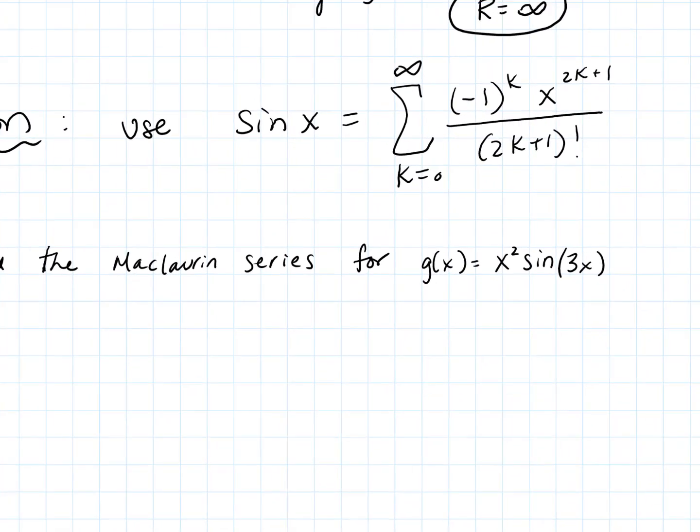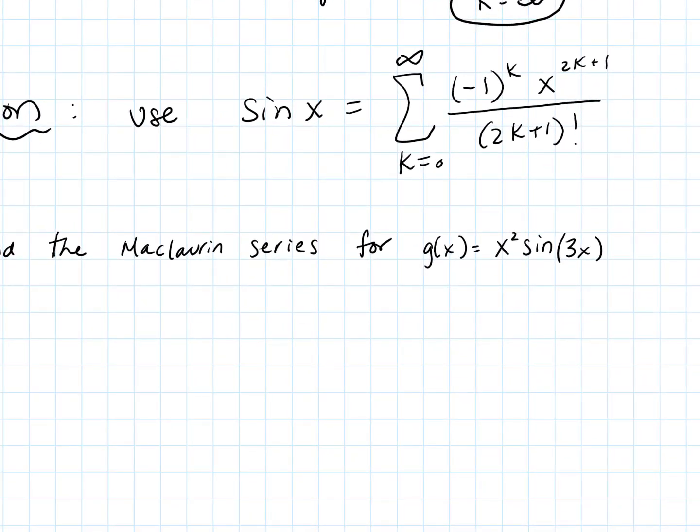Okay. So if we have a known Maclaurin series, we know this already. We just proved this guy up here. We know that this is what the sine of x is. And I want to come up with a Maclaurin series for something similar to that, just with a product. We're multiplying by x squared, and we've substituted a 3x in for x. Well, let's use our known series.